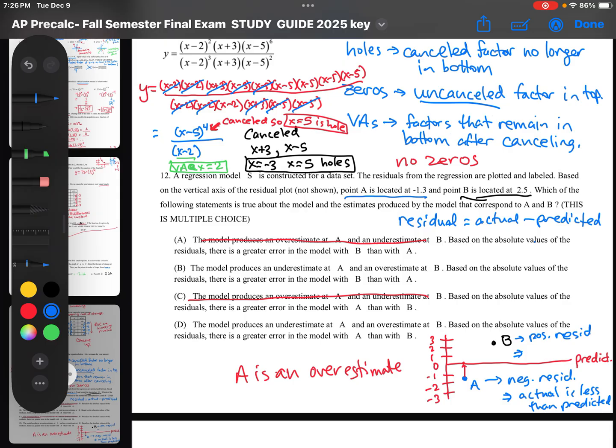And what that means is that actual is greater than predicted. So my model is an underestimate of what point B actually was. So B is an underestimate.